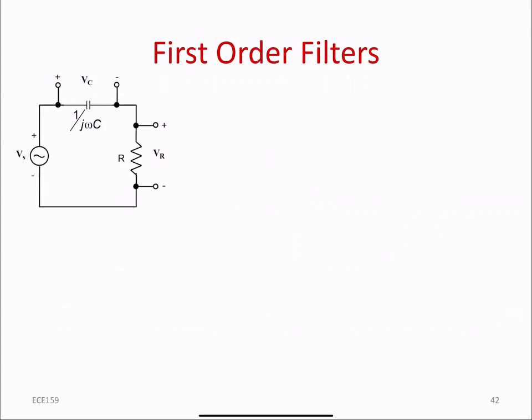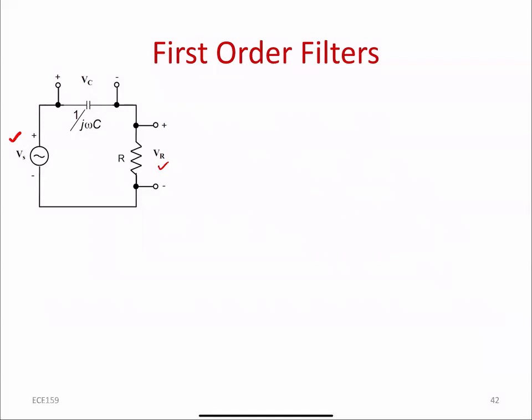So if you see this circuit, which is a first order filter circuit, it comprises a resistor, a voltage source Vs, a resistive element Vr, and a capacitor, right? The impedance of a capacitor is 1 over j omega c.